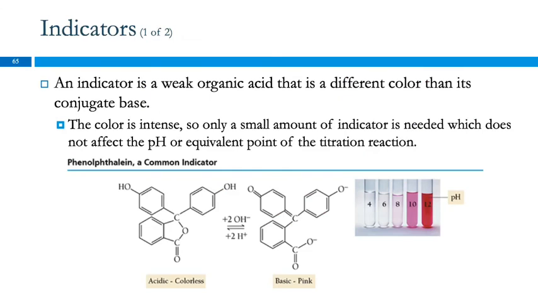So an indicator is a weak acid. It's a weak organic acid that is different in color than its conjugate base. These substances have very intense color, so we only need a tiny bit of indicator to color the whole solution.